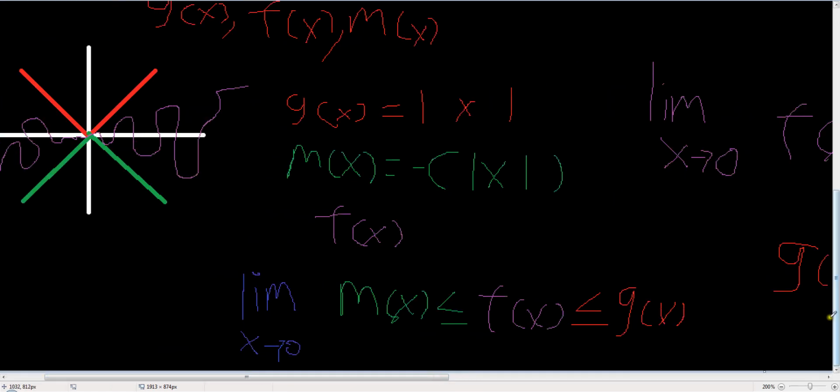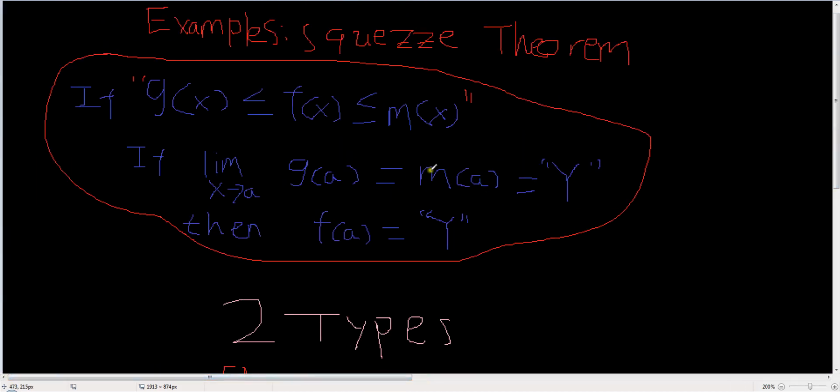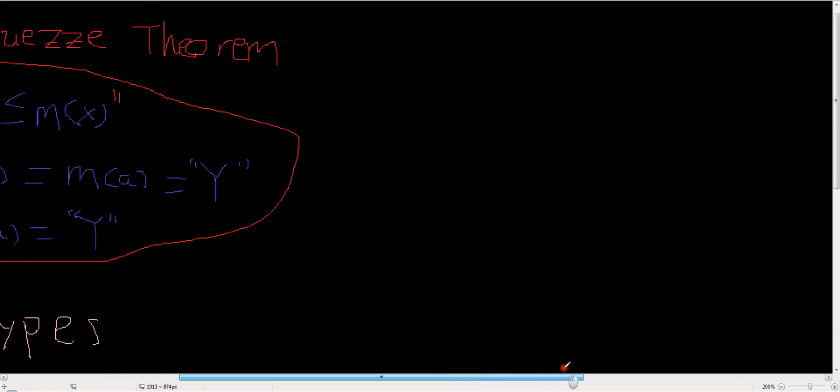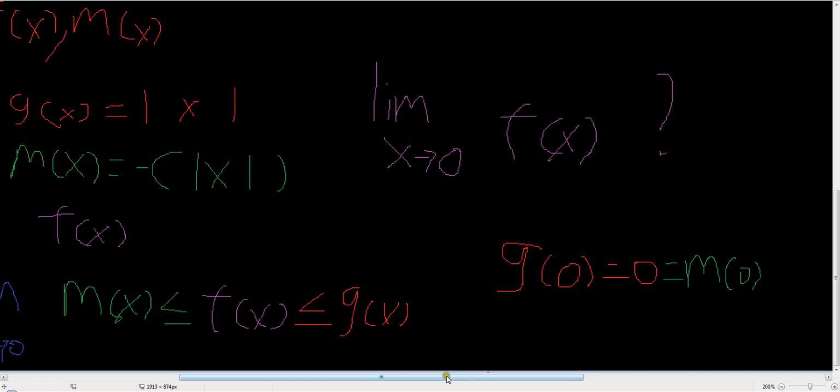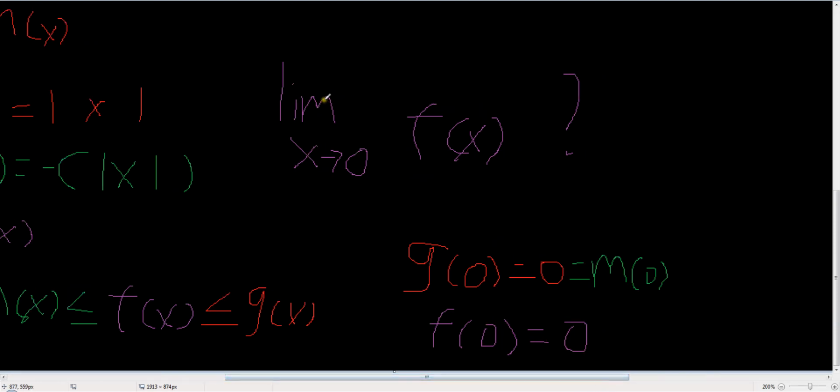Go back to the theorem we have over there. If this is all true, g of a we say is 0, so g of 0 equals n of 0 and equals 0. That means f of a, f of 0, must be 0. Therefore, in other words, the limit as x approaches 0 of f of x is equal to 0.